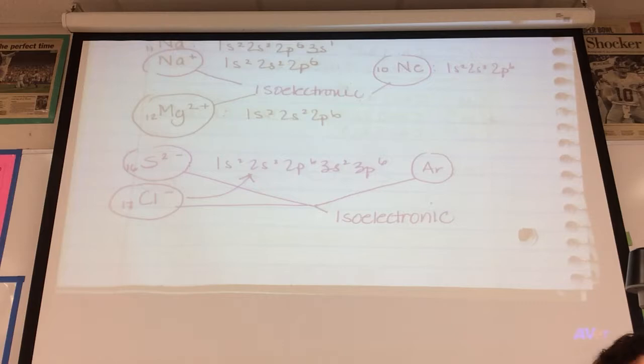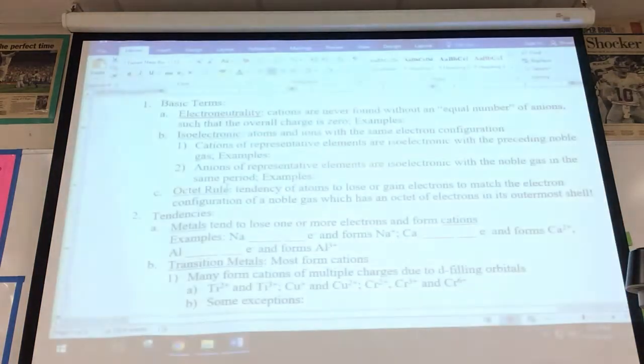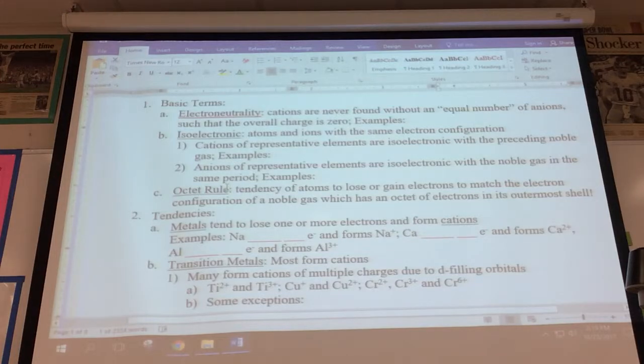All right. So isoelectronic is another term for today, and the last term is the octet rule. With the octet rule, what you're going to see is that, especially in the case of ionic compounds, ions will lose or gain one or more electrons so that they have the same electron configuration as a noble gas.